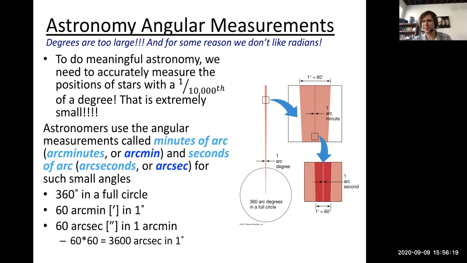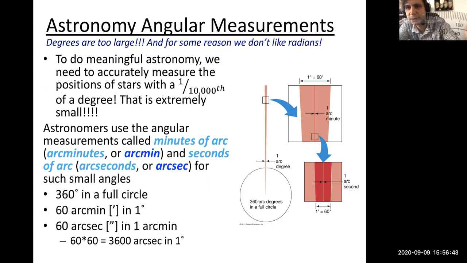All right, so what is an arc minute and an arc second? We know that they're going to be smaller than a degree. So here we have a circle. We know there are 360 degrees in a circle. Let's just take one of those degrees. What would be between 90 and 91 right there?